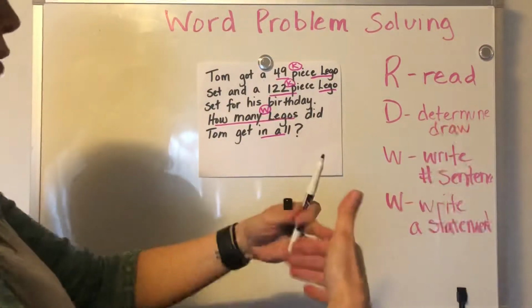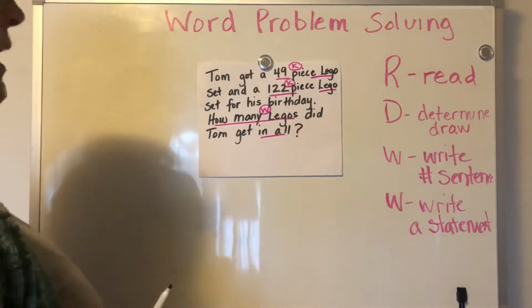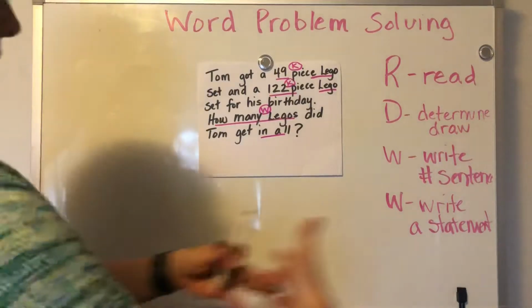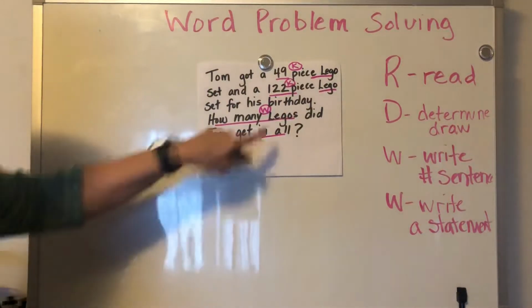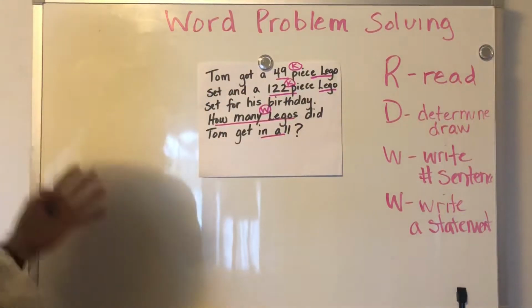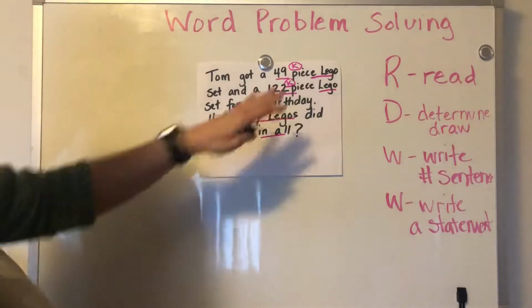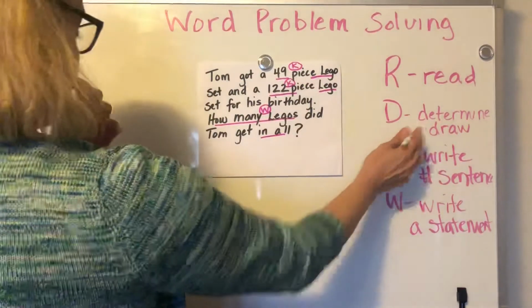And when we put or group numbers together, we are adding. If we are comparing, then we would be subtracting. Now we're not comparing how many Legos. We are asking how many in all. So we are grouping them together, and I'm going to say that that means that I need to add.